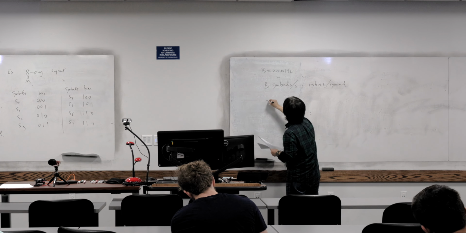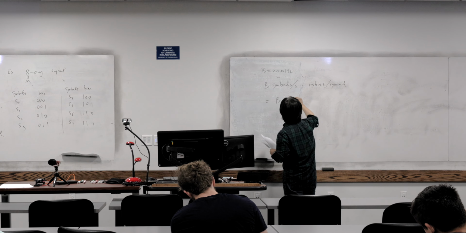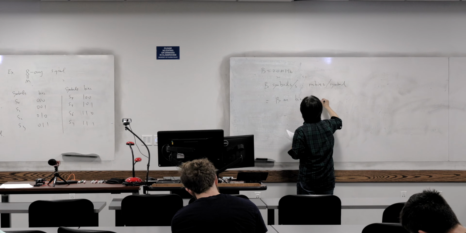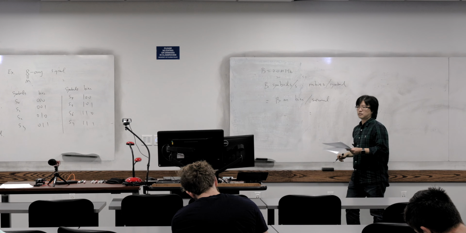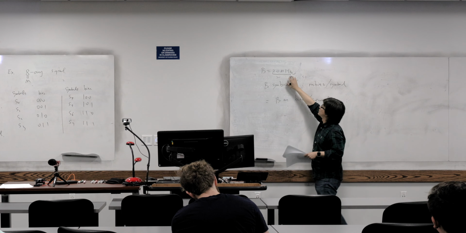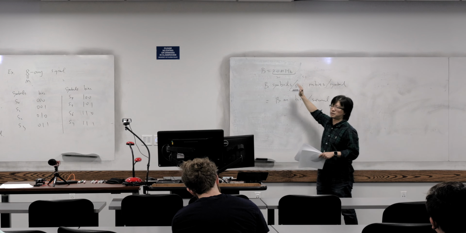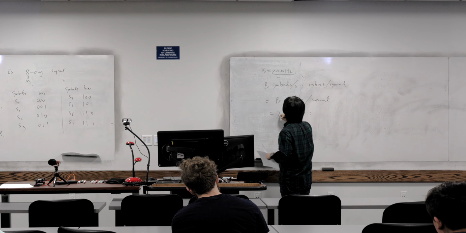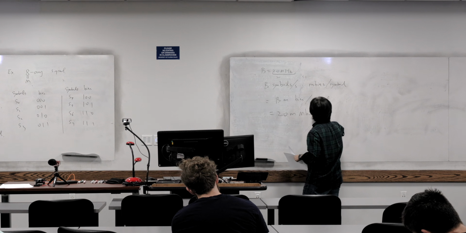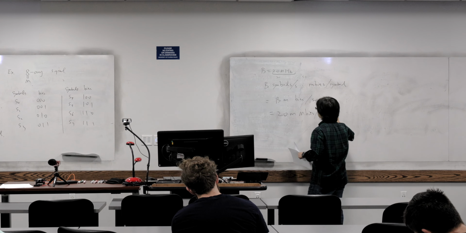Then what we get is B times m bits per second. If you plug everything in, let's say B is 20 megahertz, a very common value in practice, we have 20 times m megabits per second.